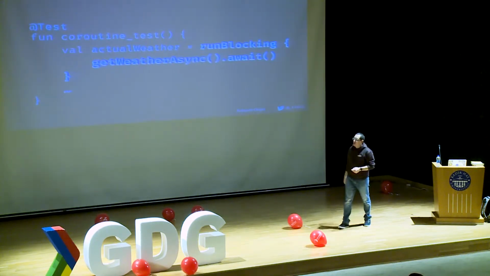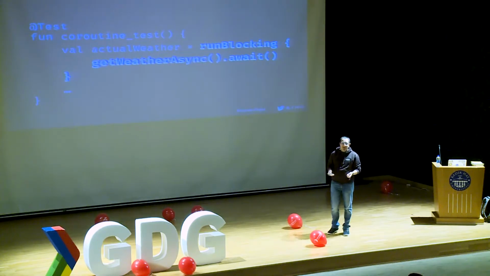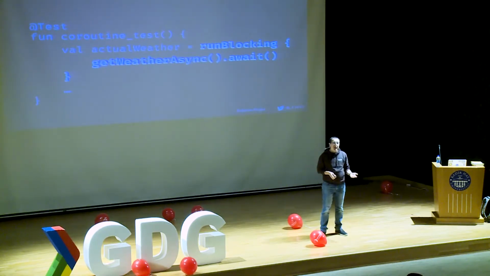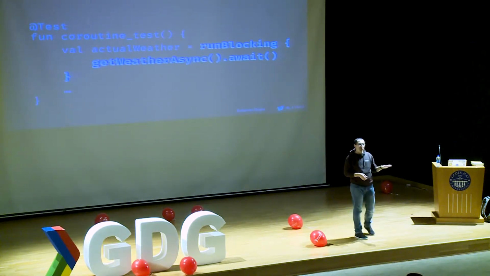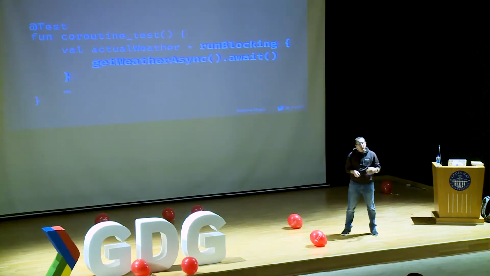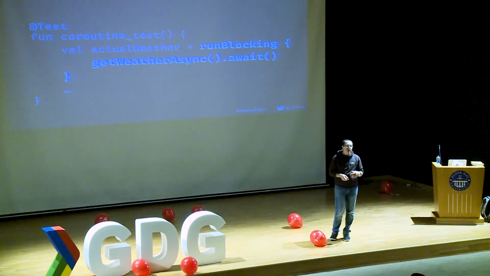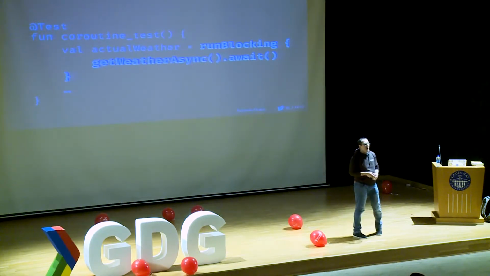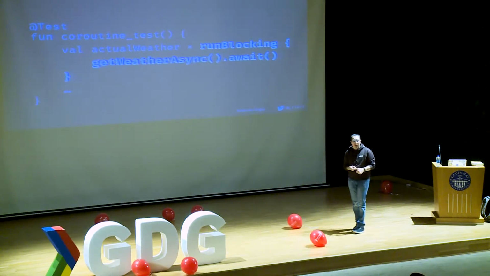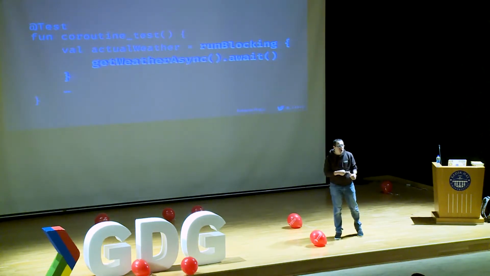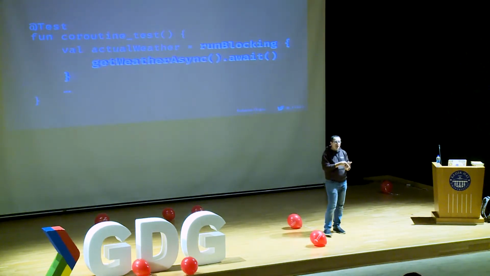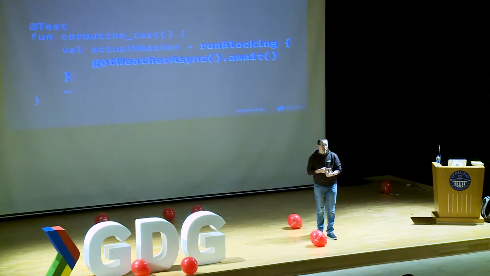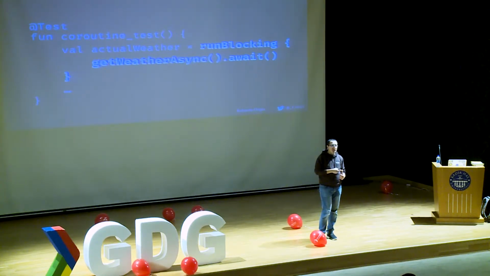This one is runBlocking. What runBlocking says is that this is a coroutine, but please don't mind it. Just execute it synchronously, because I really want it to be that way. So we saw the fire and forget builder, that is launch, and the please do this and return me a value builder, that is async.